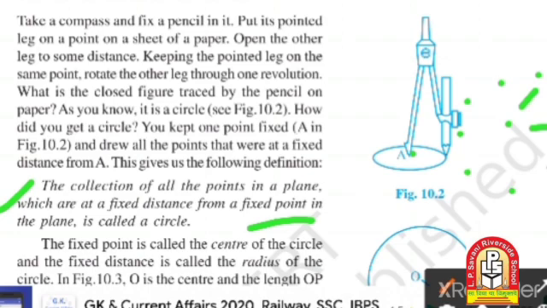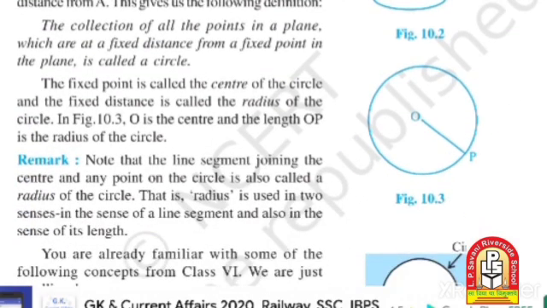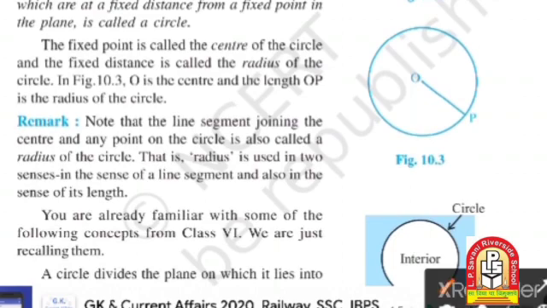All the points on the circle have the same distance from the center of the circle. That fixed point in the plane is called the center of the circle, and the fixed distance is called the radius of the circle. So this is the radius of the circle, and that fixed point is the center of the circle.